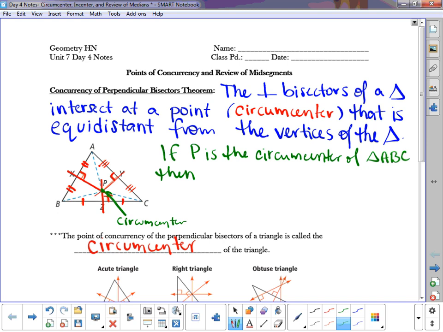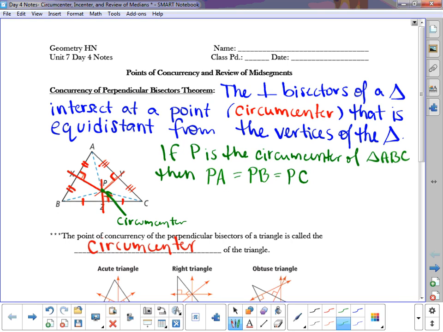My vertices are just the corners of the triangle. So the distance from P to A is going to be the same as the distance from P to B, which is the same as the distance from P to C. So that circumcenter is the same distance from each of the vertices.